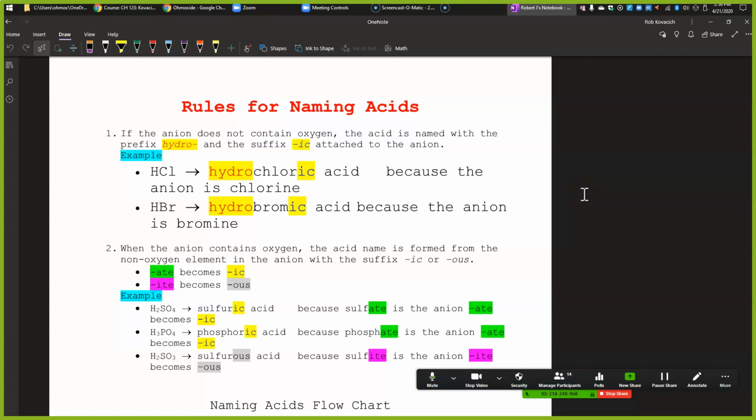So, in case anybody forgot how to name acids, specifically polyatomic ion acids. Anybody any questions about this page? I always have trouble memorizing chemistry stuff. I'd probably just need to go over it again. Okay.